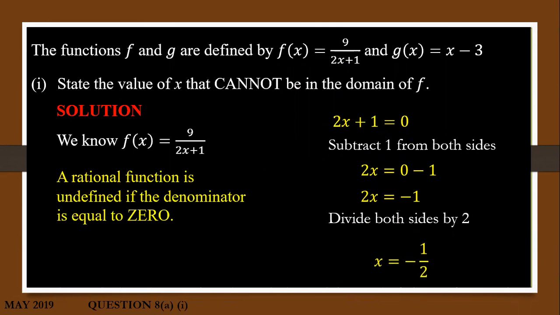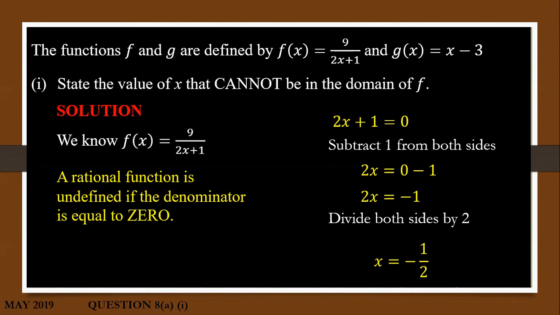Step 2, we are going to divide both sides of our equation by 2, which gives my final answer: x = -1/2. Therefore, the value of x that cannot be in the domain of f is -1/2. Let us substitute: 2 times -1/2 plus 1 is equal to 0.